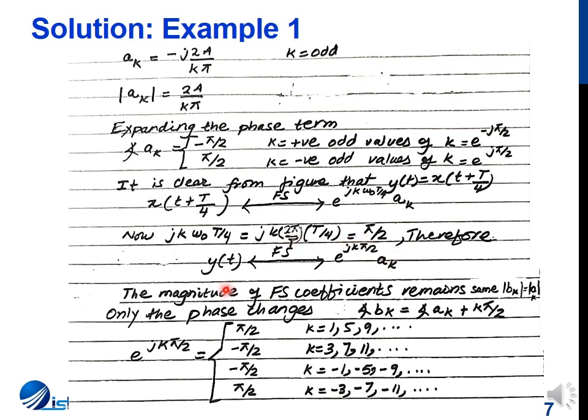Therefore, the Fourier series of y of t is e^(jk pi/2) into a_k. We remember that the magnitude of Fourier series coefficients remains the same, that is, |b_k| is equal to |a_k| by virtue of the time shift property, only the phase changes. Now the phase of b_k is the phase of a_k plus this phase, which is k pi by 2.